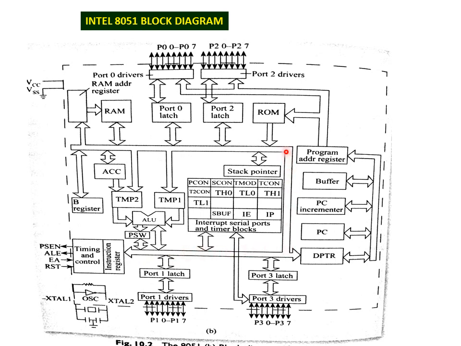Observe the size of RAM, 128 bytes, and observe here ROM is also connected. It can access the ROM data from this address bus only. Size of ROM is 4 KB.